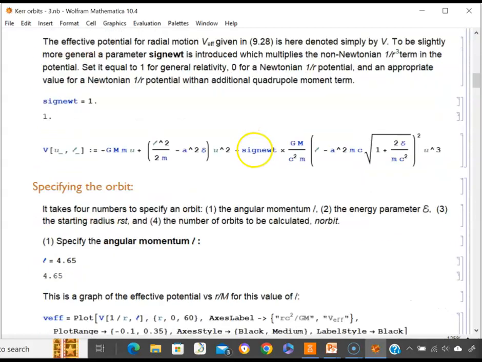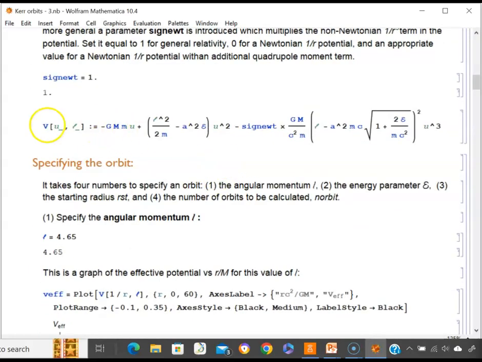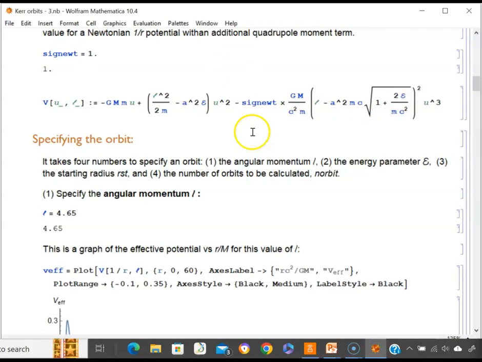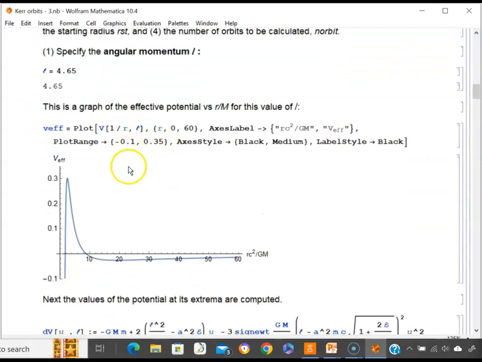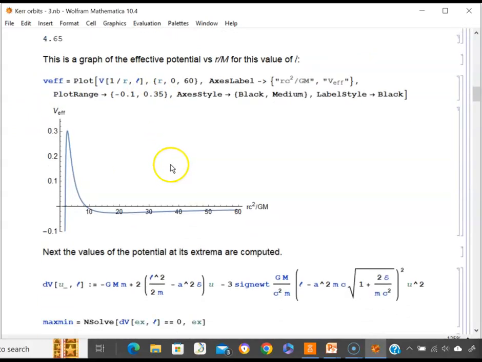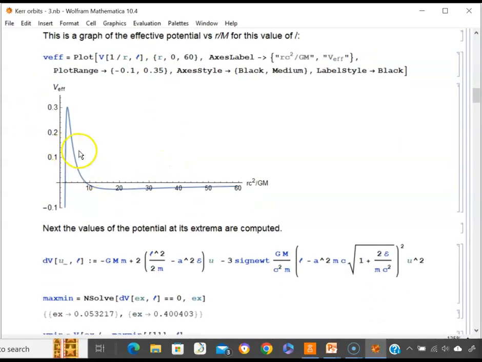So here is now the effective potential that I was talking about earlier. In this case G, M, little m, and c don't appear because they're being set to 1 above. Let's pick the angular momentum 4.65 and then plot the effective potential. Here we get this.